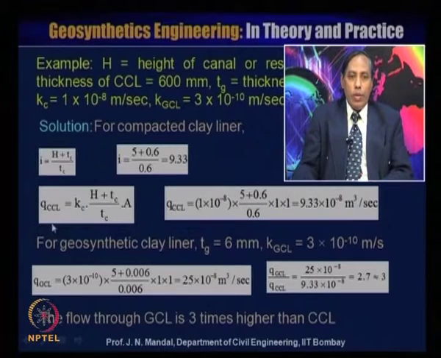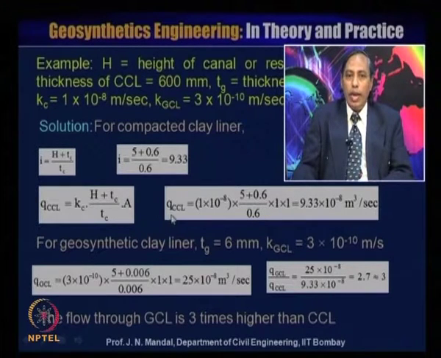Now, the quantity of flow of water through the compacted clay liner, you know from Darcy's equation, that Q_CCL is equal to Kc into (H plus Tc) divided by Tc into A. So, Kc is given as 1 into 10 to the power minus 8 meter per second, H is 5, Tc is 0.6, and A is 1 into 1.